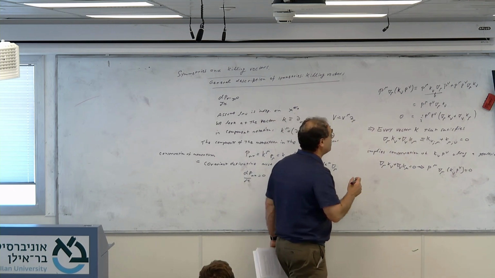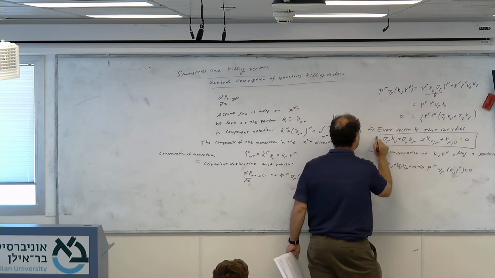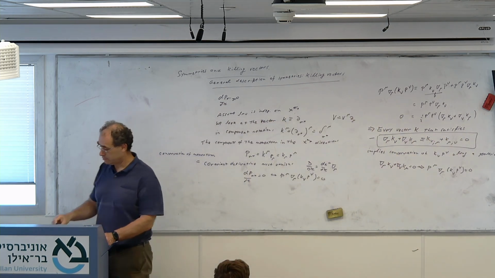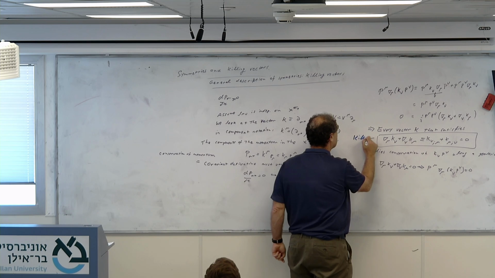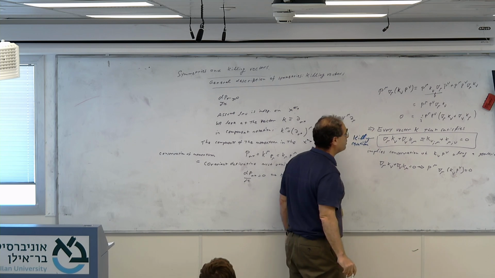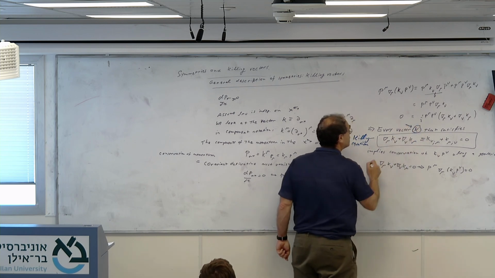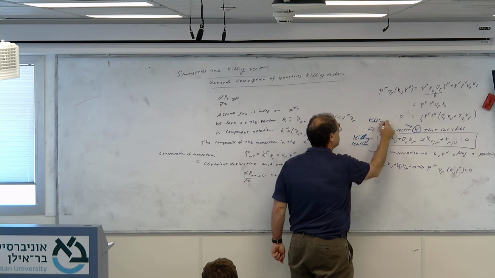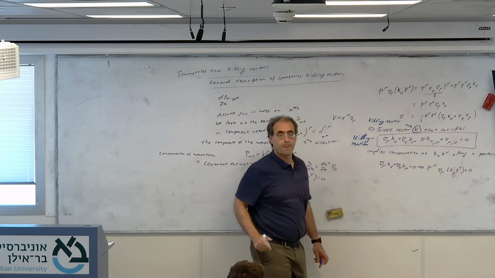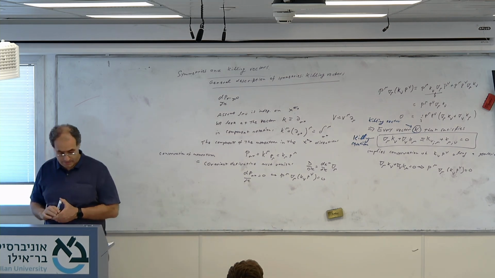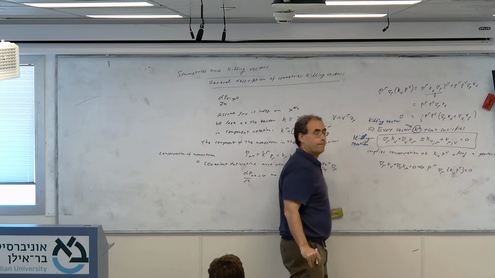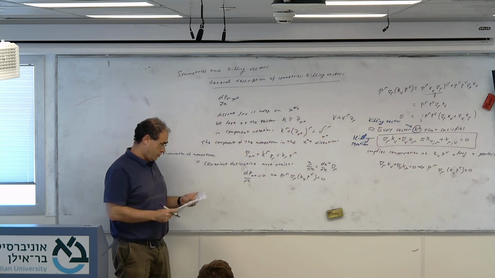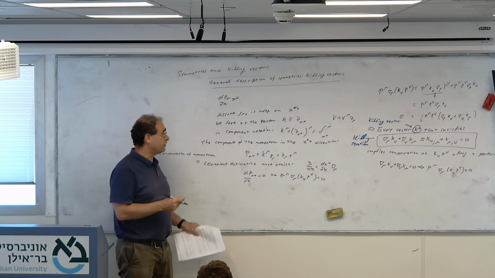Okay. Now this equation has a name. This is called the Killing equation. And the vector k has a name, this is called the Killing vector, or Killing vector field.